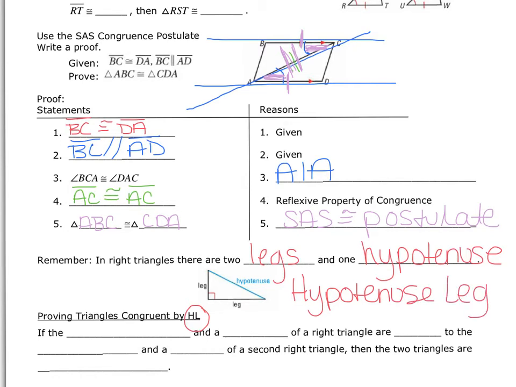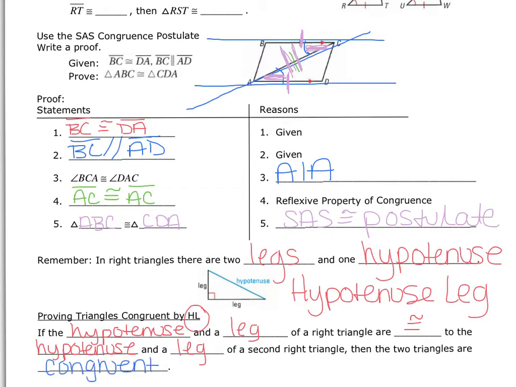So, all right, so if the hypotenuse and a leg of one right triangle are congruent to the hypotenuse and the corresponding leg of a second right triangle, then the two triangles are congruent.